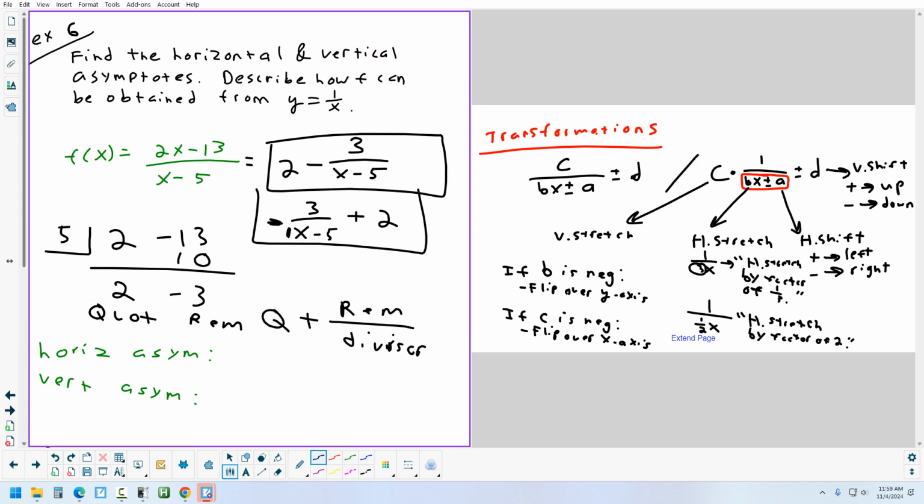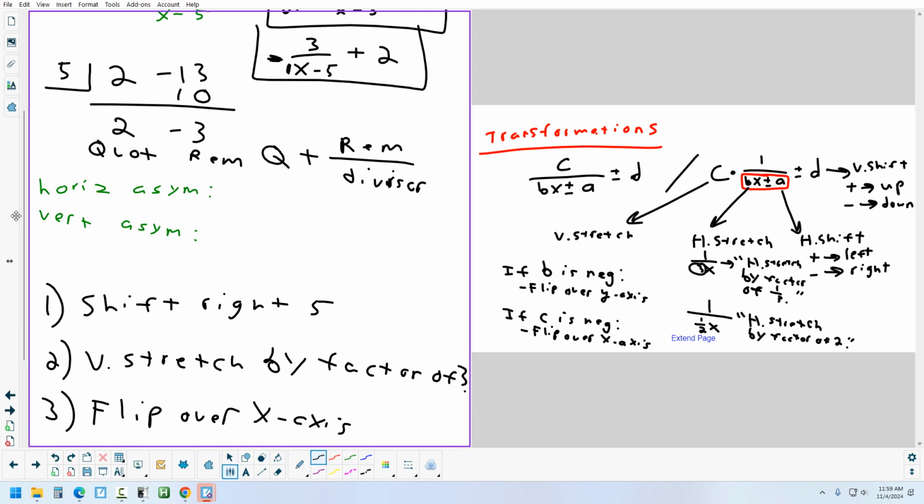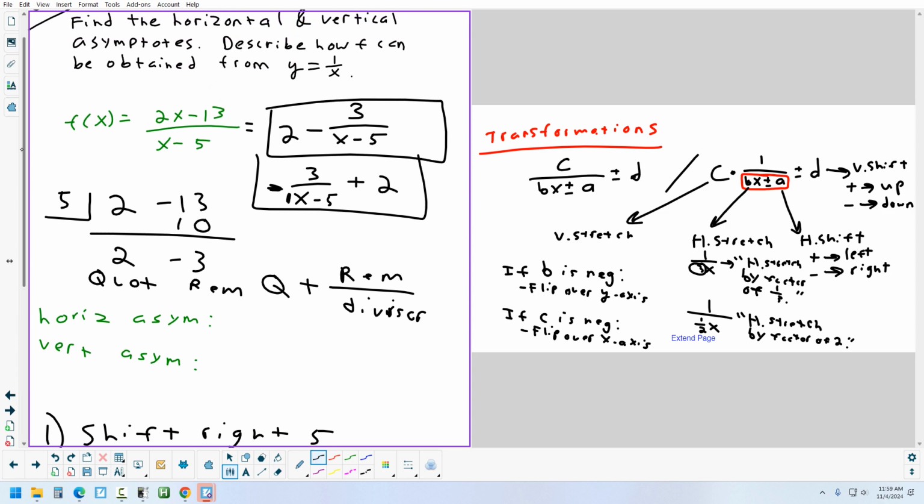Okay, and last thing they want is the asymptotes. I would look at the version in black. Look at the part I just circled right here. As x gets bigger and bigger, what's going to happen to the bottom of this fraction?